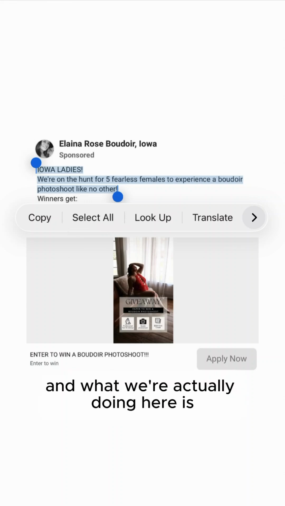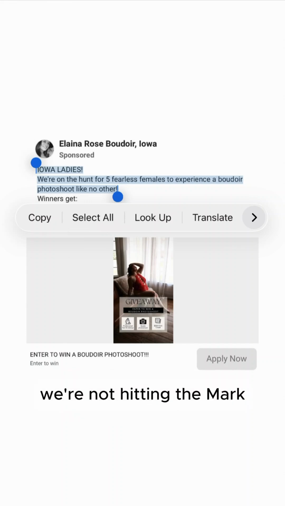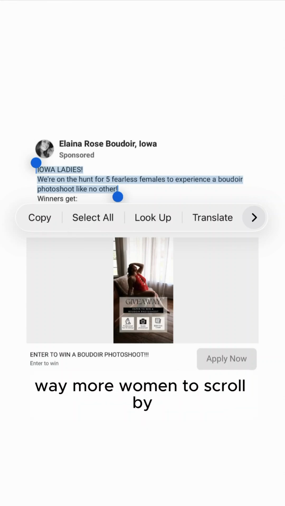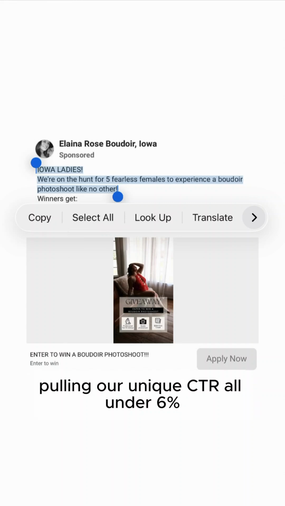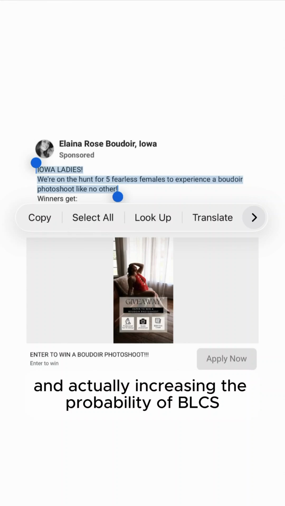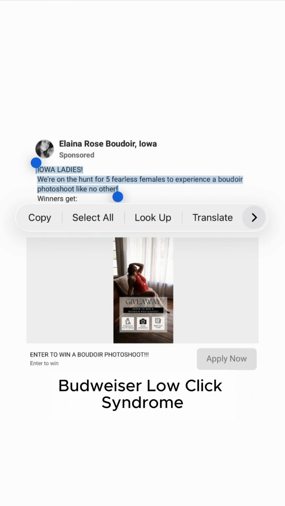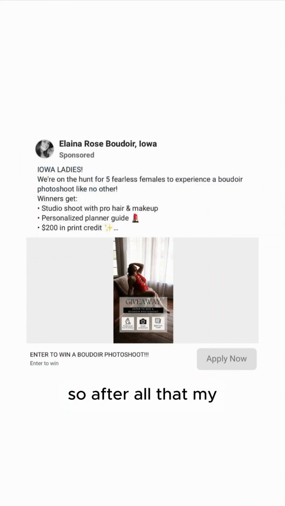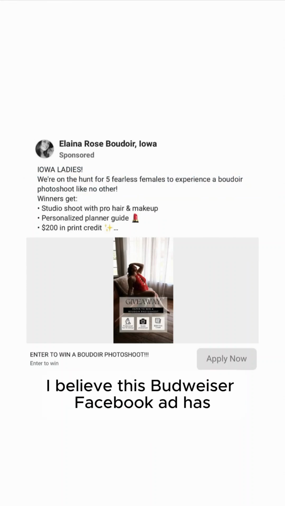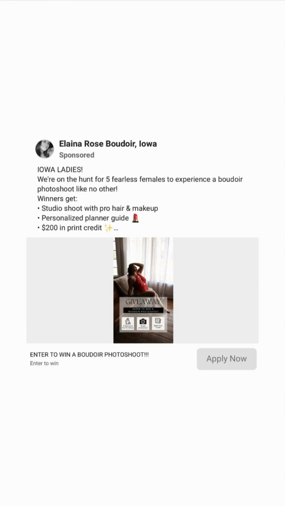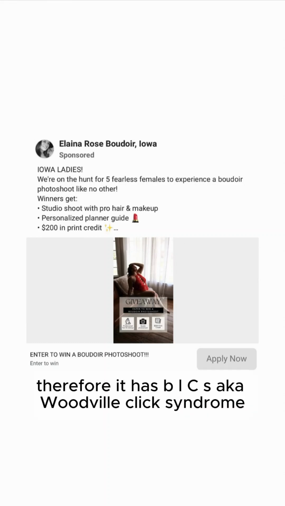And what we're actually doing here is we're not hitting the mark, causing way more women to scroll by Boudoir Facebook ads than necessary, pulling our unique CTRL under 6%, and actually increasing the probability we have BLCS, Boudoir low click syndrome. So after all that, my diagnosis is I believe this Boudoir Facebook ad has a unique CTRL under 6%. Therefore, it has BLCS, aka Boudoir low click syndrome.